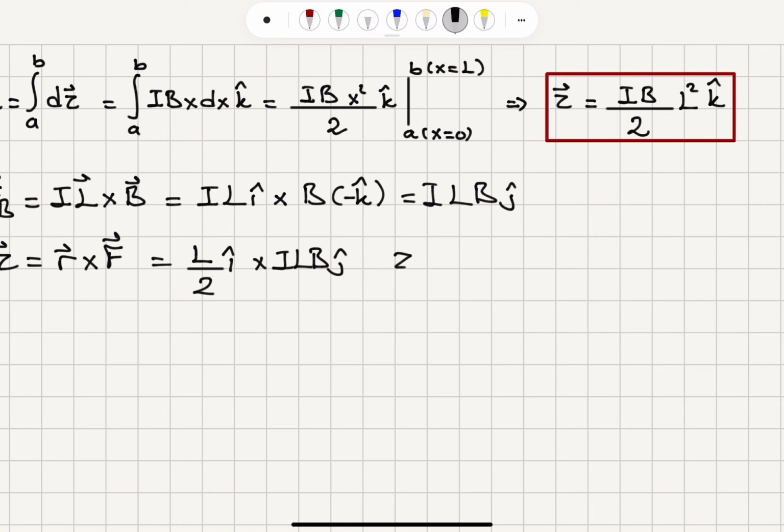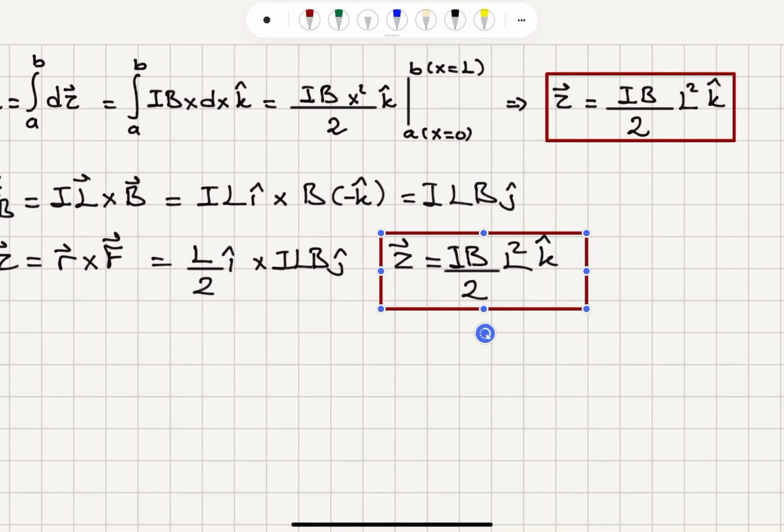So that gives me the total torque to be I B divided by 2, and you can see I have two L's here. I B divided by 2 L squared in the k hat direction.